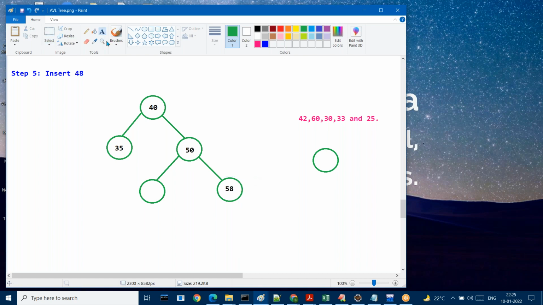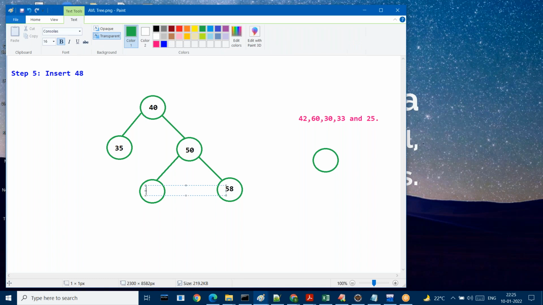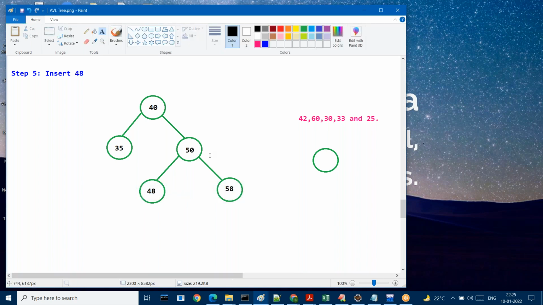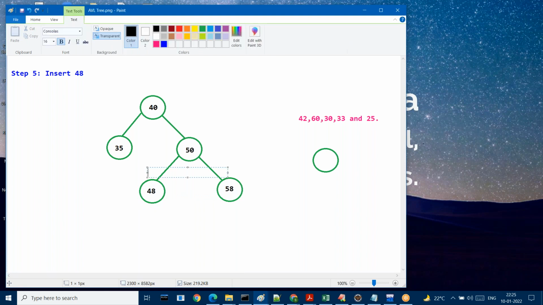Okay. So this is which one you inserted? 48. Calculate the balance factor. Every node, sir? No. Newly inserted node to the root node. First 48. Tell me, guys. 0. 50. Tell me. 0.